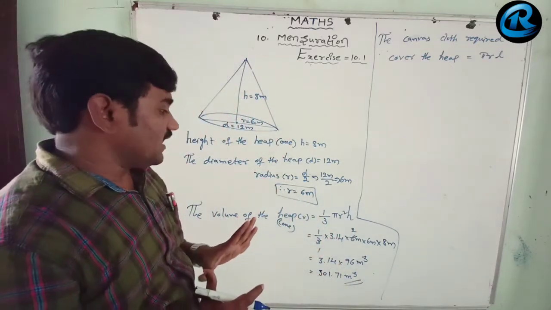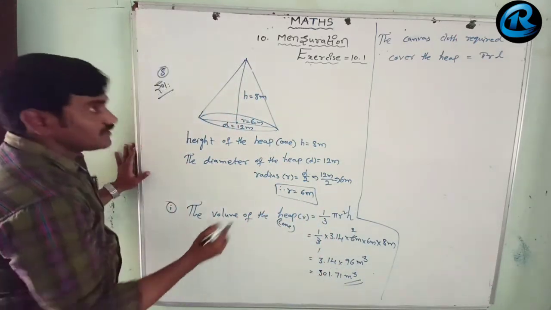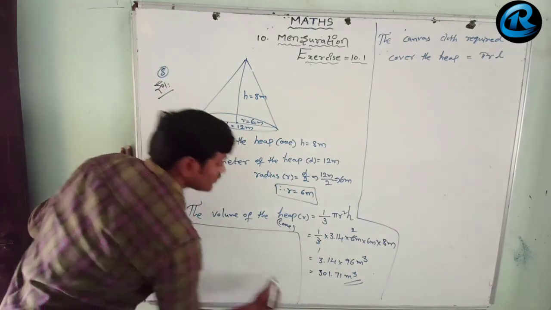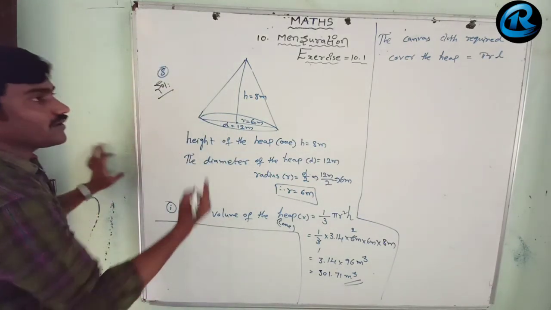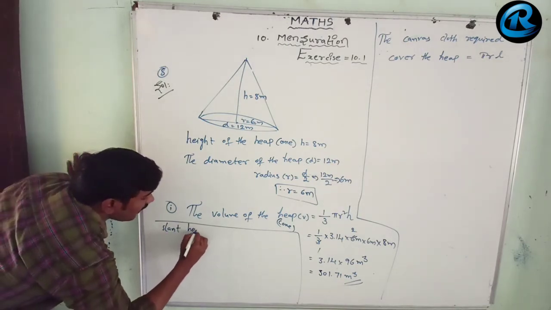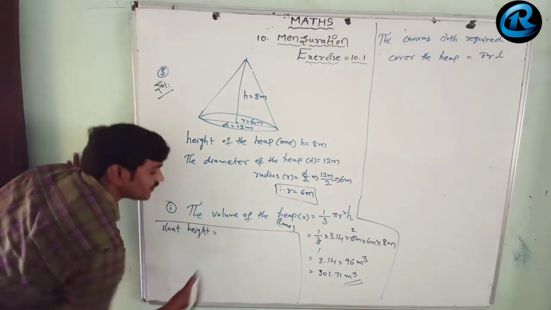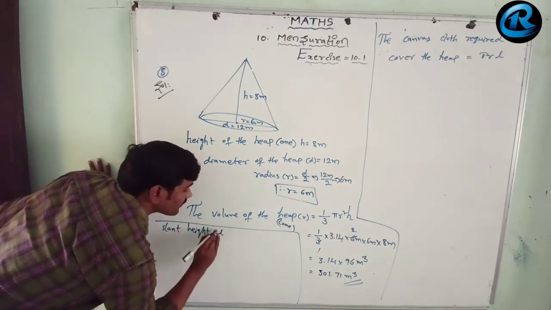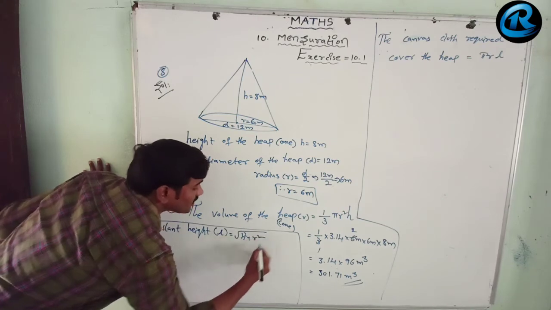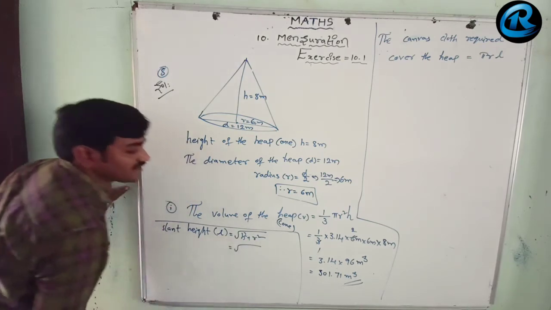To find the l value, I will solve the problem here. Let us go for the slant height. The slant height l equals under root of h square plus r square.